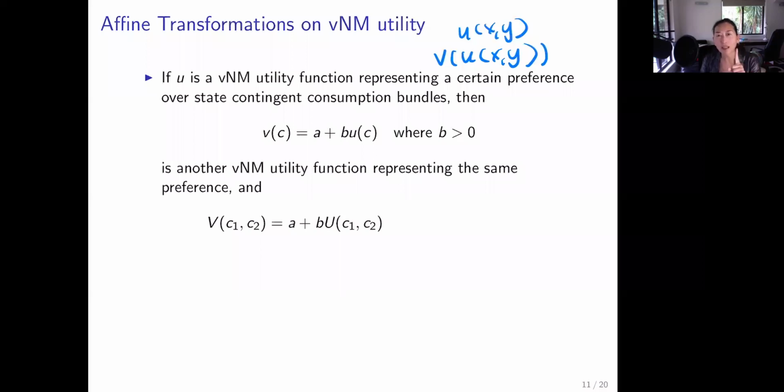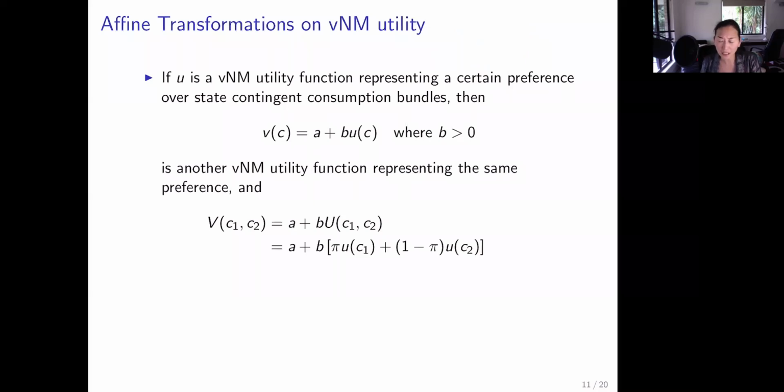There is only one transformation that would work, which is called an affine transformation, where we have some real-valued constant plus a positive value multiplied by U(C). This would also represent the same preference. I'm not going to go through this because I already did that in the lecture recording.